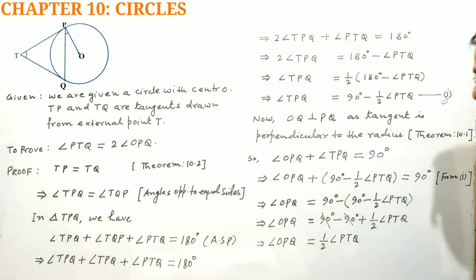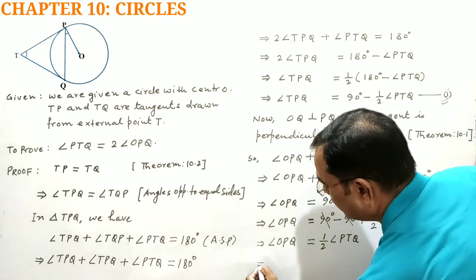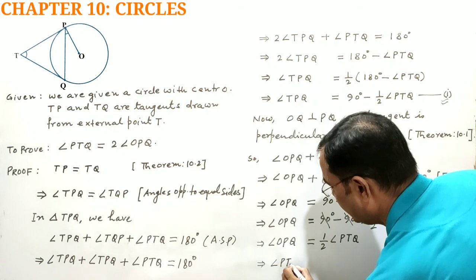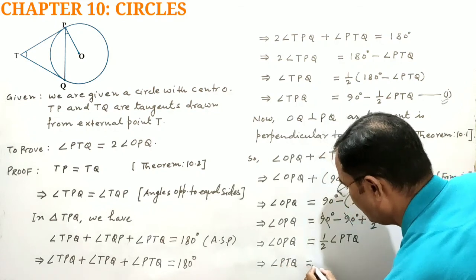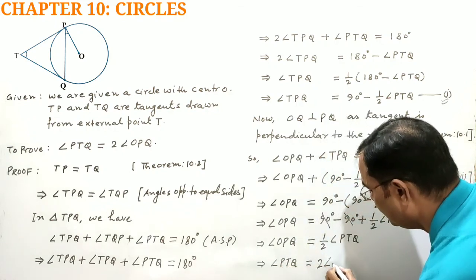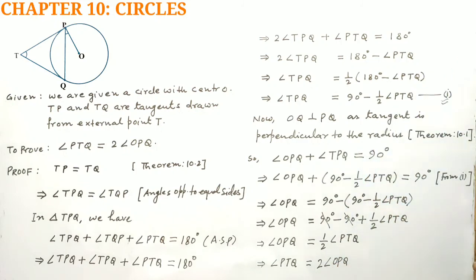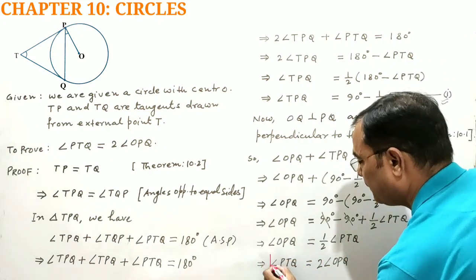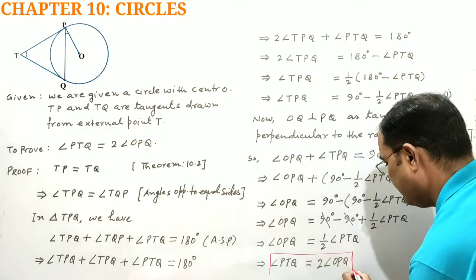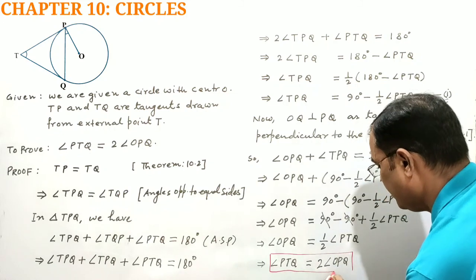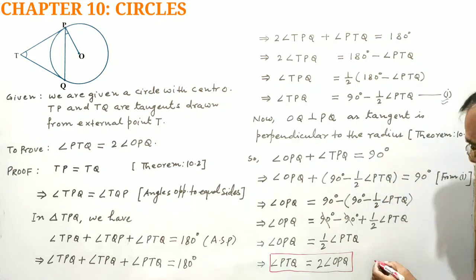If you cross multiply, we get angle PTQ is equal to 2 into angle OPQ, and this is the required result that we had to prove in this question using theorem 10.1 and 10.2. So hence proved.